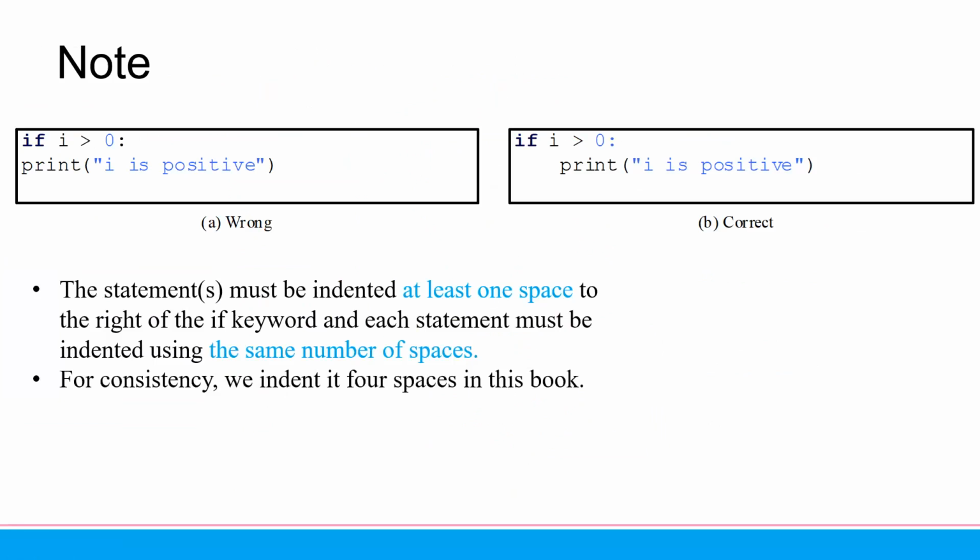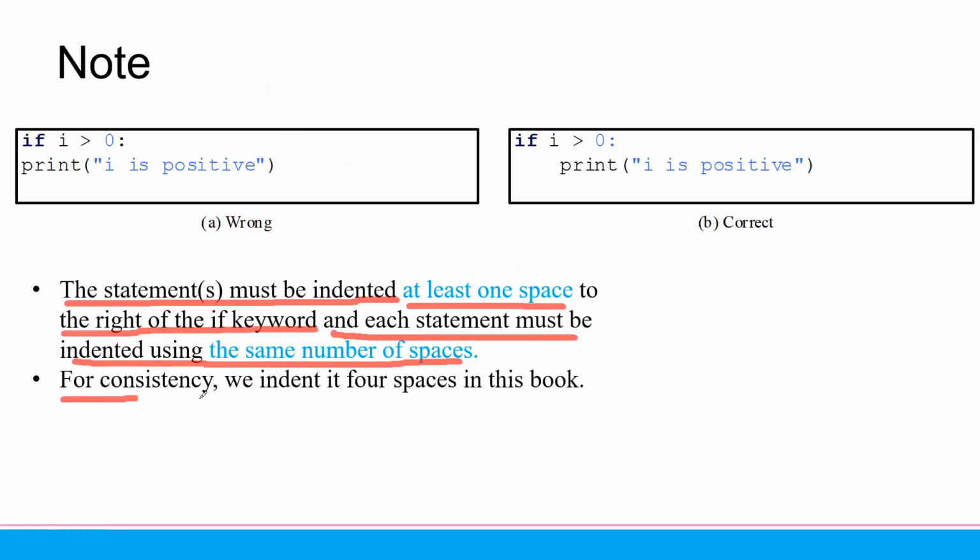Now, when you write it in Python, the statement must be indented at least one space to the right of the if keyword, and each statement must be indented using the same number of spaces.